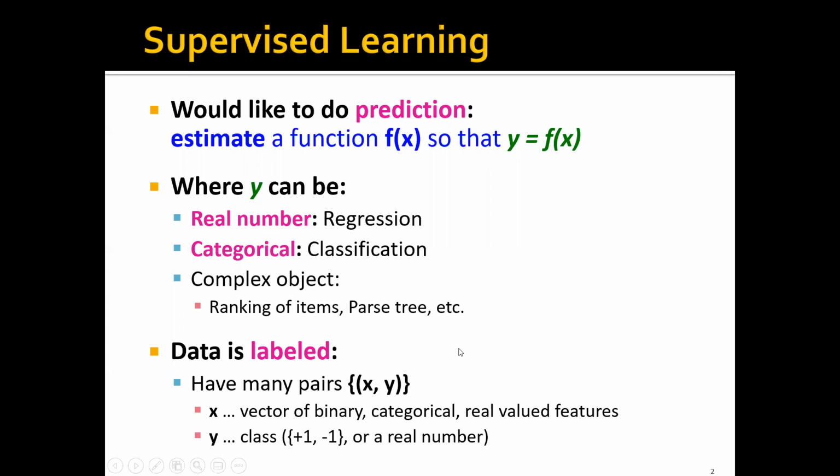Usually in this supervised learning setting, it's called supervised because the data is labeled. We usually have many pairs of x and y, where x is the vector of binary, categorical, or real value features, and the y here is a class label. It can be binary or a real number.